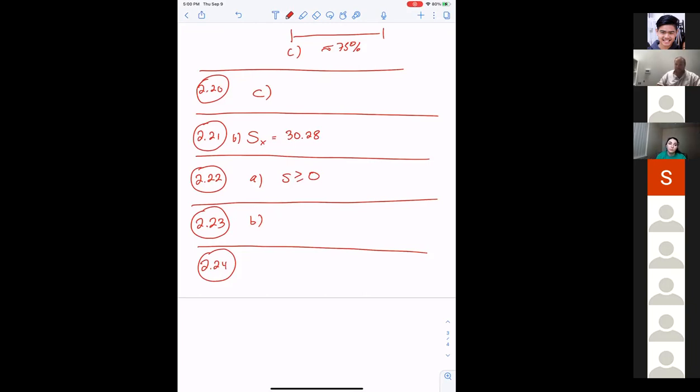The answer is the mean. It's B. It is a non-resistant measure. The median is resistant, and the first quartile is on the other side of the median, so it's even more resistant to high outliers. All right, so 2.24 is done.